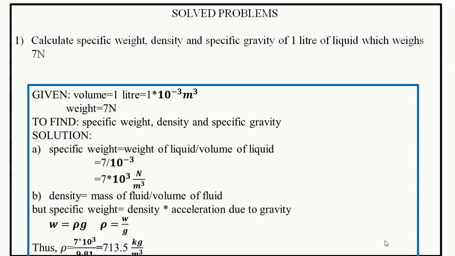But specific weight equals density into acceleration due to gravity. So rho equals specific weight divided by acceleration due to gravity. From this equation we can determine the mass density equals 7 into 10 raised to the power 3 divided by 9.81. We are getting 713.5 kg per meter cube as mass density.